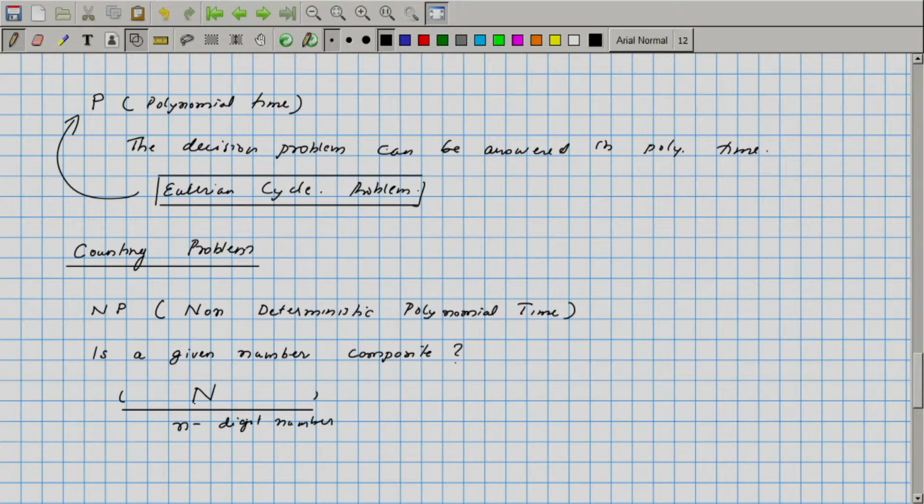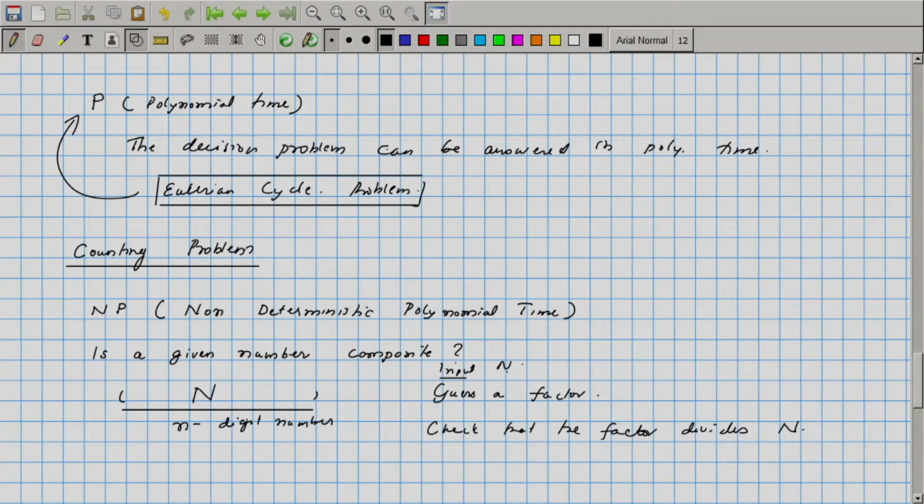Now, the non-deterministic polynomial time algorithm to do that would be: guess a factor, check that the factor divides N. If the factor divides N, you will say it is composite, otherwise you will say not composite.